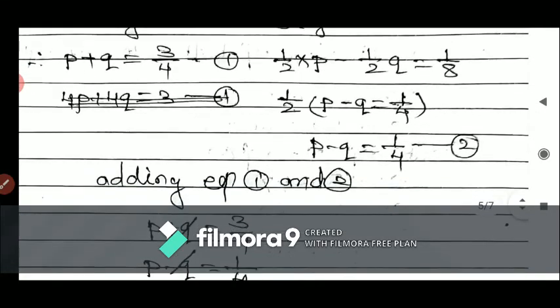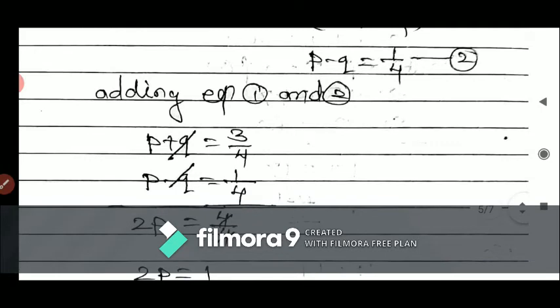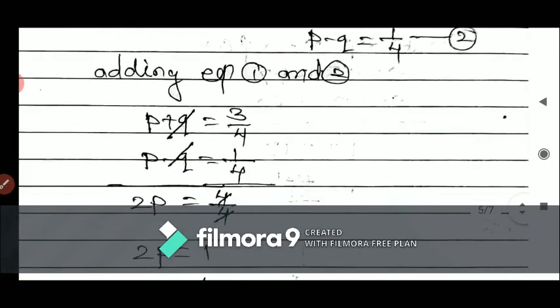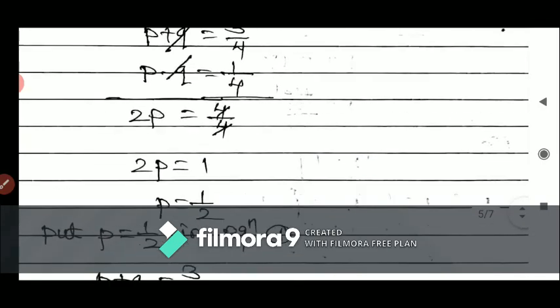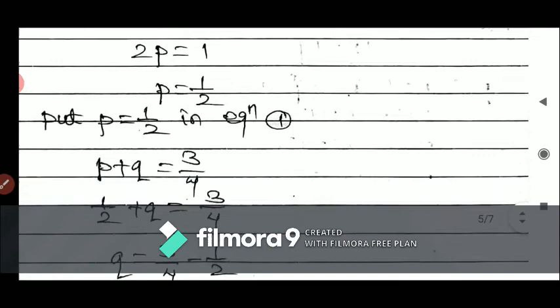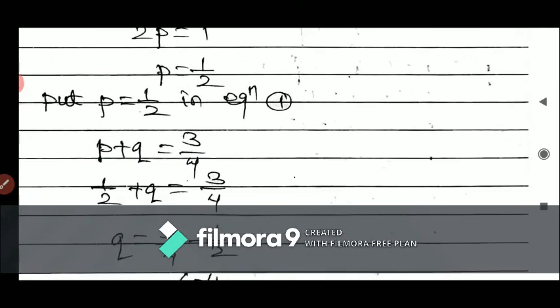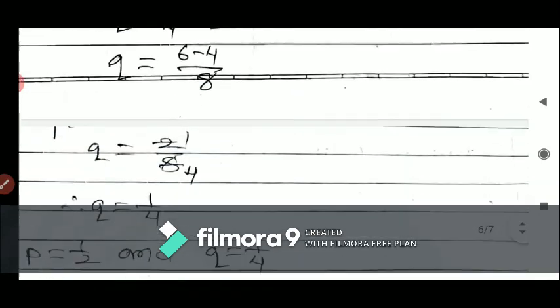Therefore adding equations 1 and 2 we get 2p is equal to 1. That means variable q is eliminated. Now p is equal to 1 by 2. Put p is equal to 1 by 2 in equation 1. Therefore by solving this, q is equal to 1 by 4.